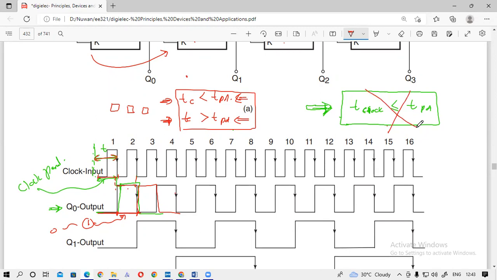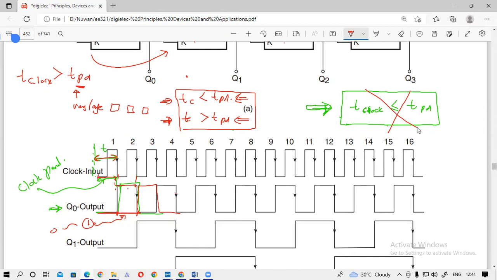The correct thing is the clock time should be greater than the propagation time. The propagation time should be less than the clock time. Actually, this is common sense. If the propagation delay is very large, then the issue happens.